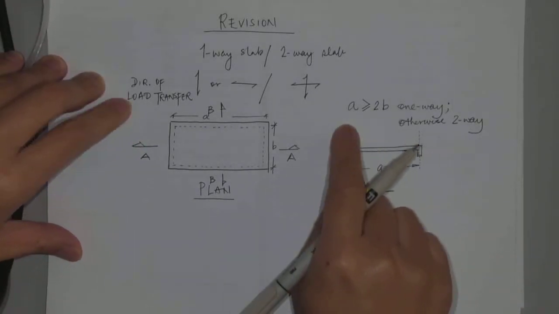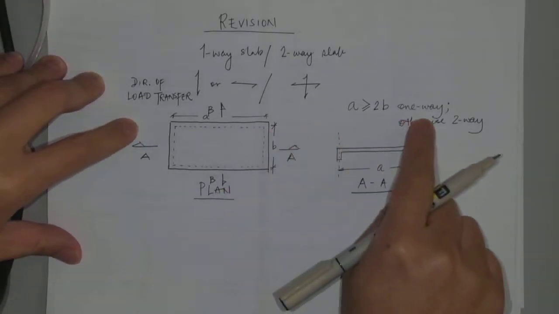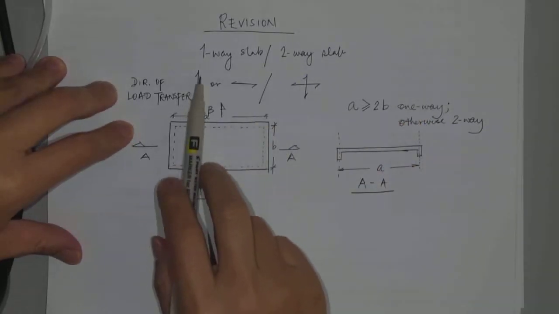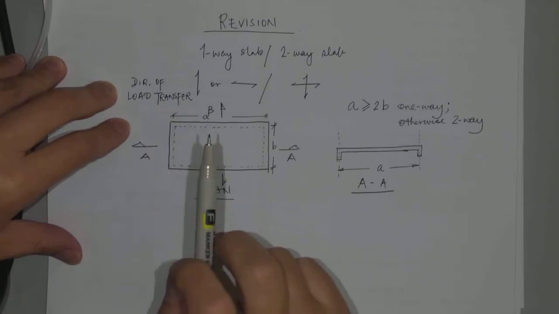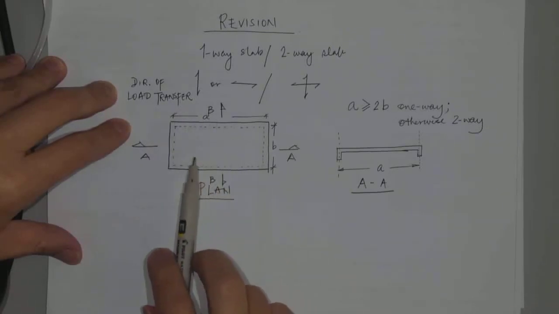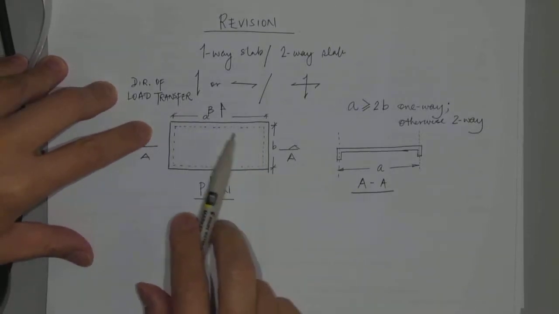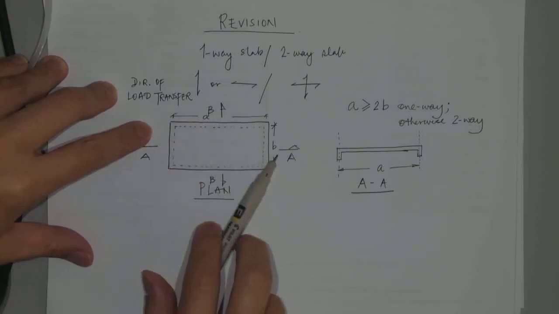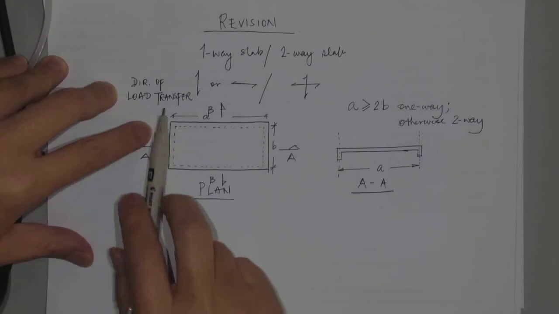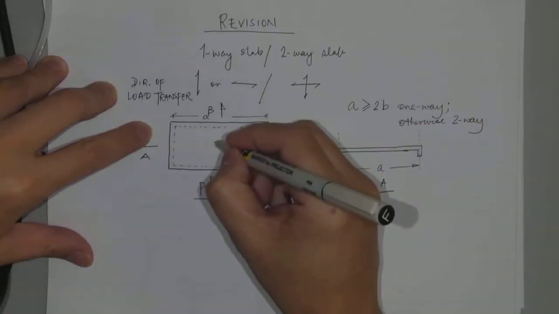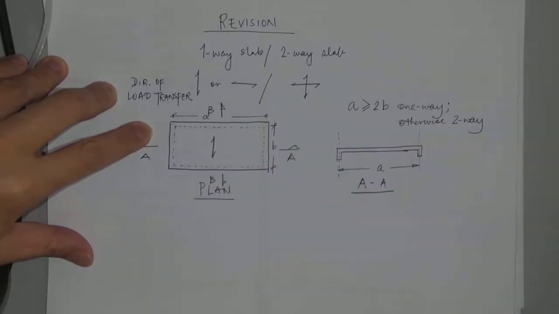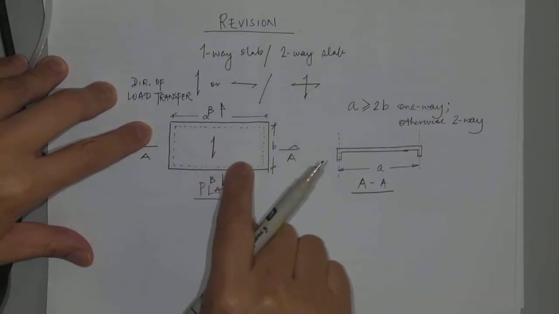The most important thing is, once it's a one-way slab, you need to look at the symbol, the direction of load transfer. For this case, let's assume that A is greater than twice B. Then the direction of load transfer is always along the shorter direction.